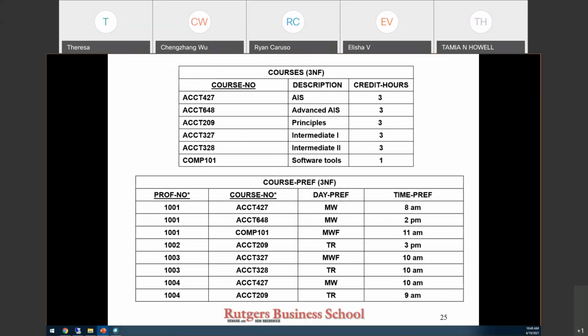A courses table containing information about course number, description, and credit hour. Another table, the course preference table, contains the professor number and course number, which are the composite key. In addition, we have day preference and time preference as non-key attributes.